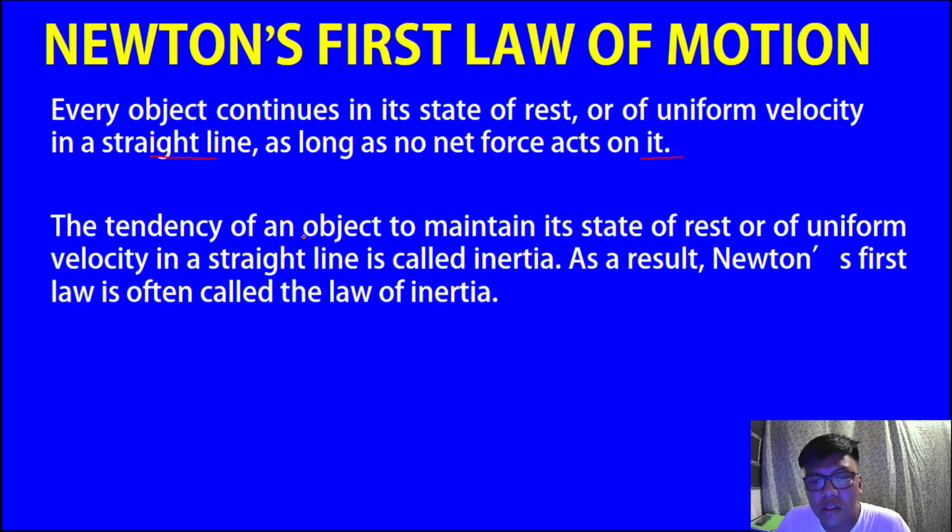The tendency of an object to maintain its state of rest or of uniform velocity in a straight line is called inertia. As a result, Newton's first law is often called the law of inertia. Yun ang tawag natin doon. Common na kakabit na nung first law of motion, yung law of inertia.